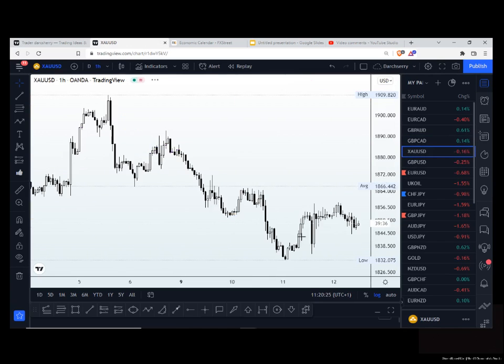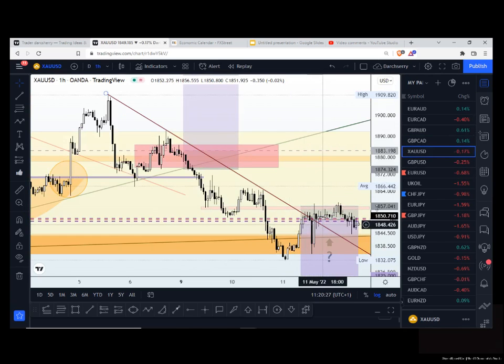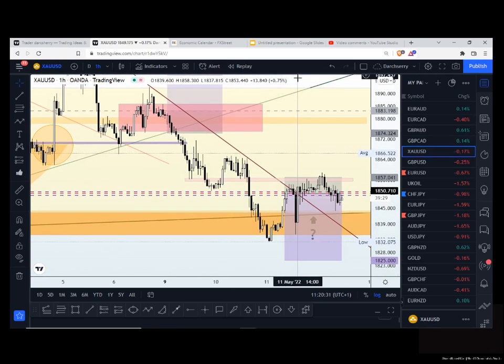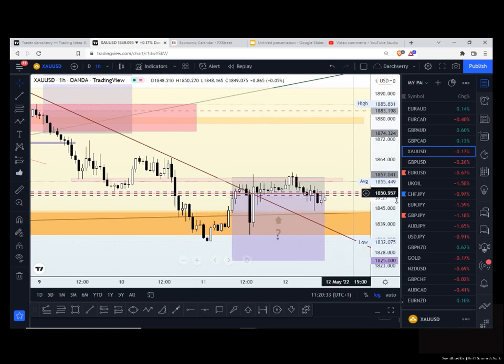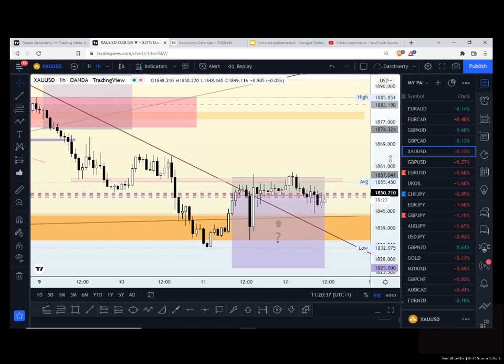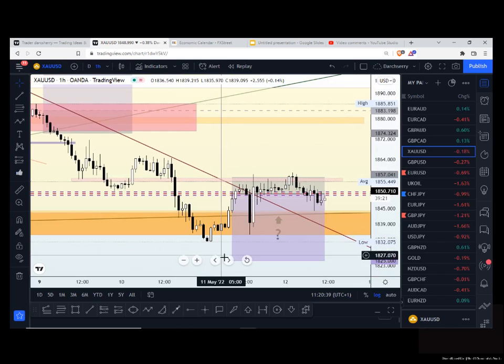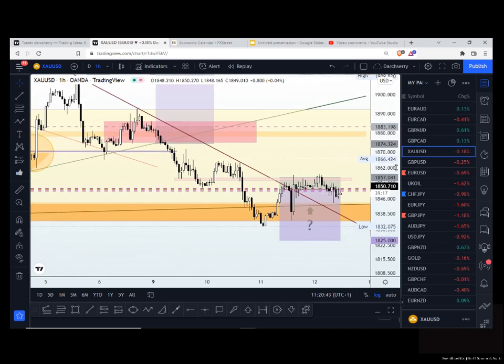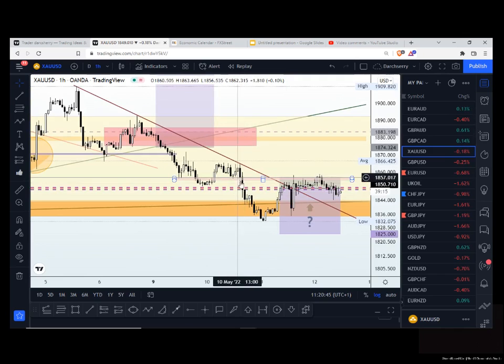And on XAU USD, I am also having another bias. I think I'm having a short-term bias on XAU USD, and it's bearish. The reason is simply because if we notice what has been happening since the beginning of the month, we saw that price has been respecting this bearish trend line, and 2 days ago we were able to scoop in this profit on this one.